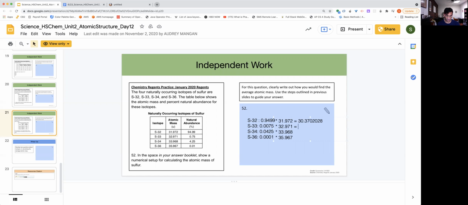Oops, 0.0075 times 32.971 is 0.2472825. And I definitely suggest that you write all this down as you're doing it along with me to practice doing the calculations right, moving decimals right, preserving answers correctly. It can get very tricky when you have complicated decimals because they're not easy to remember.